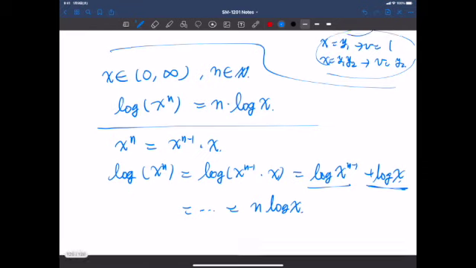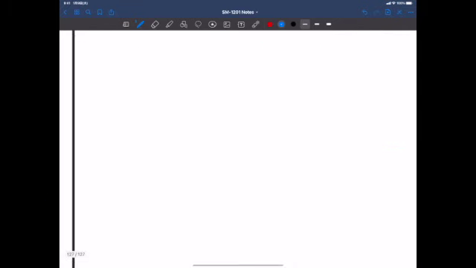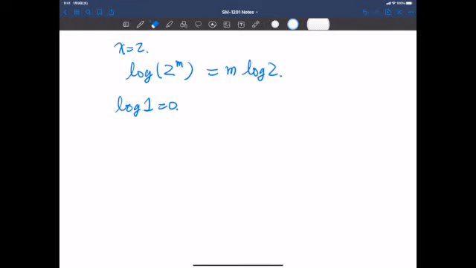Now, if we apply this corollary to the case where x is equal to 2, we have this result. So log of 2 to the power of m is equal to m log 2. And we know that log of 1 is equal to 0, and log of x is strictly increasing.